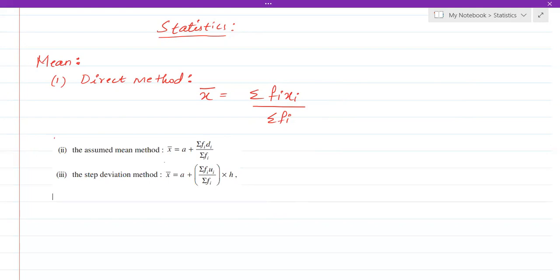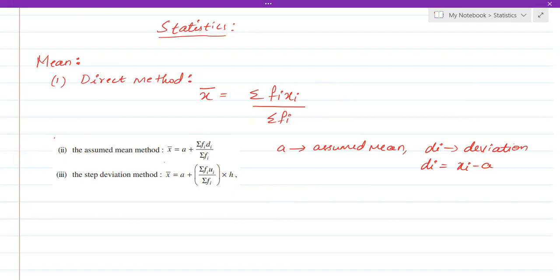The assumed mean method is given by x bar equals a plus summation fi di divided by summation fi, where a is the assumed mean, and di is known as deviation. Di is given by this formula: xi minus a. Sometimes this small a is also written as capital A, capital A or small a for assumed mean.